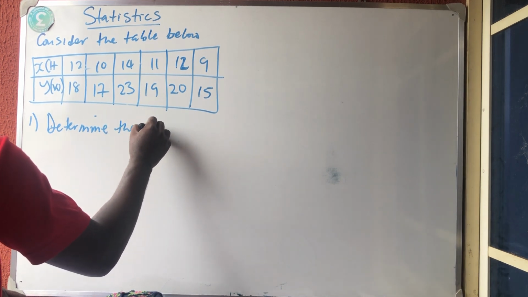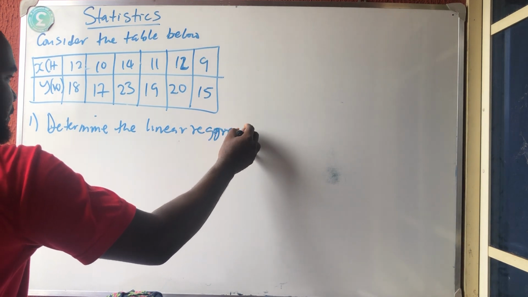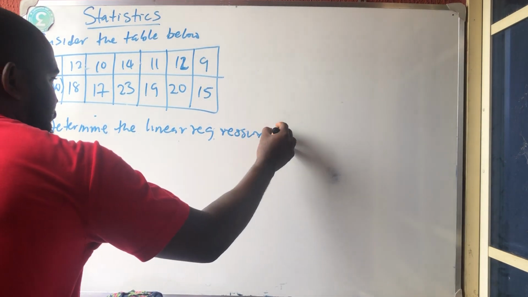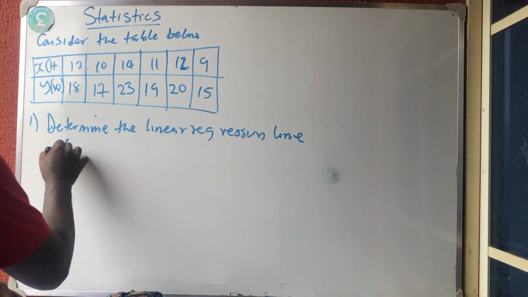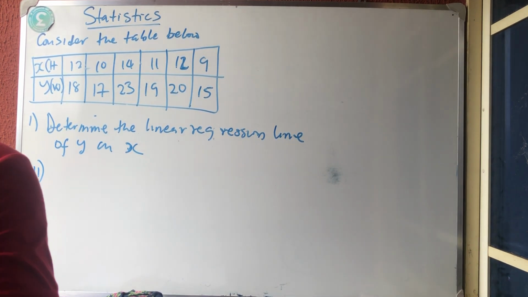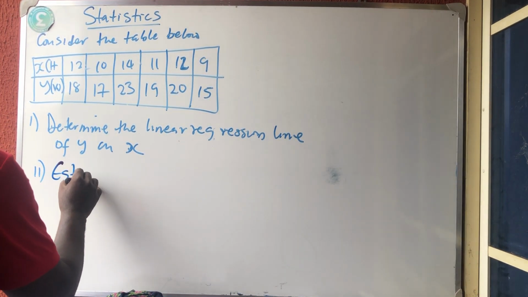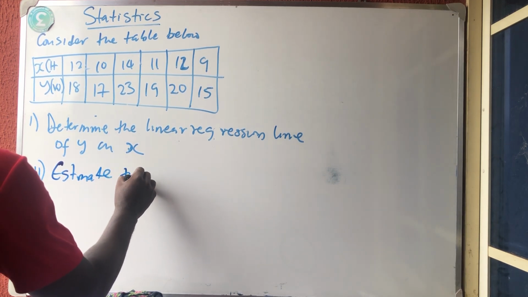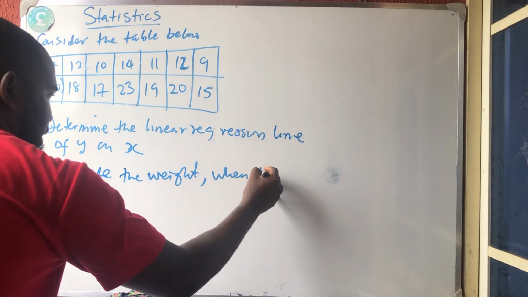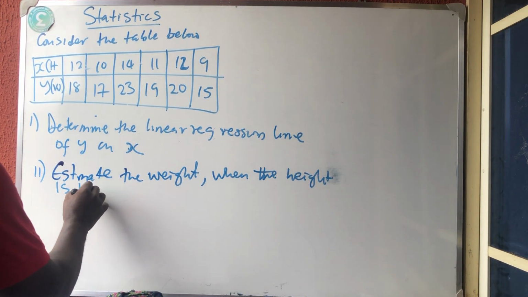So the question says: determine the linear regression line of y on x. This one we are not plotting any graph. Estimate the weight when the height is 16.